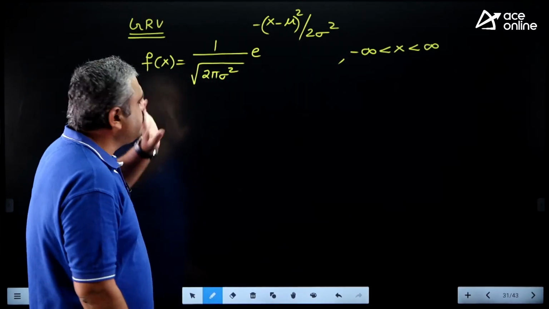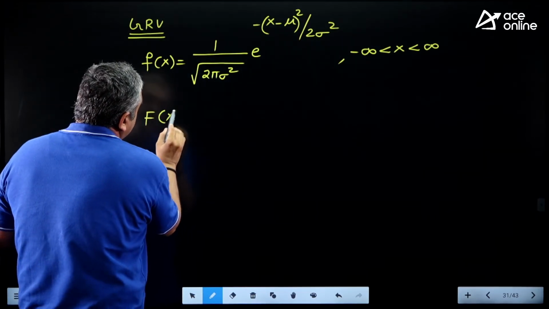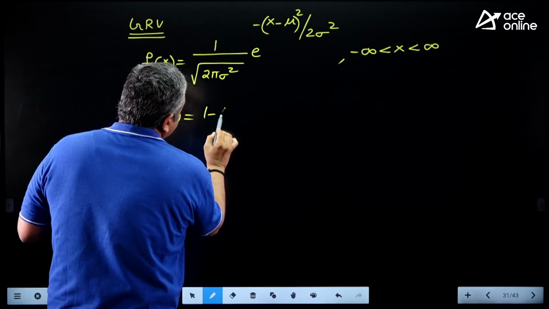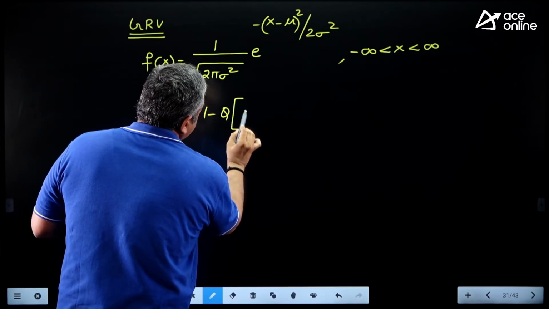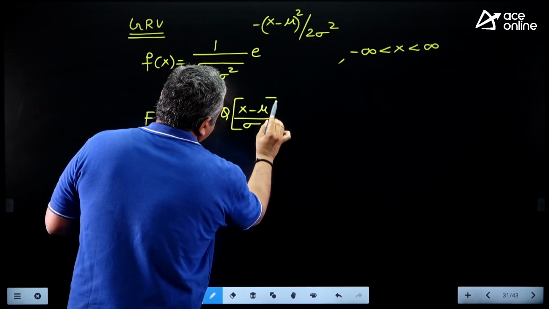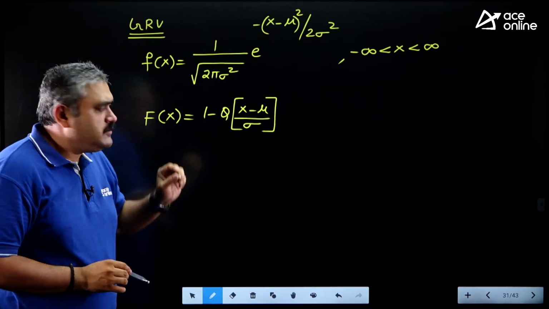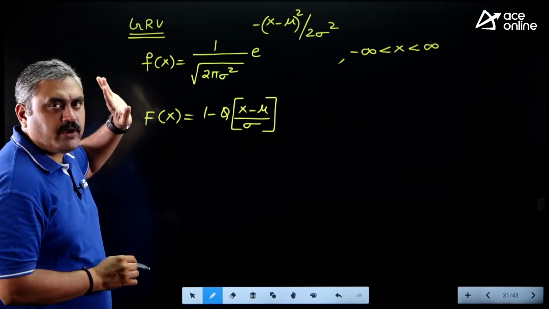This is the density function for a Gaussian random variable. And what is its distribution function? I gave you as 1 minus Q of x minus mu by sigma. In any competitive exam, you will not find a paper without this question. So try to remember this, okay?